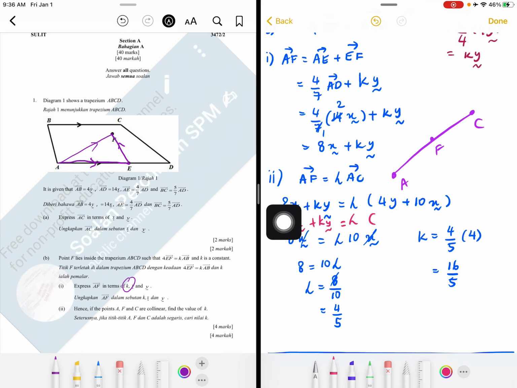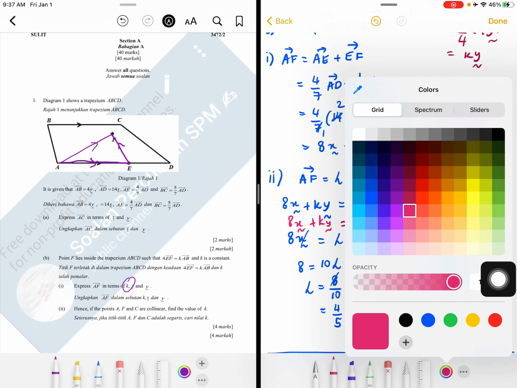If you look, this is x, this is y, this is x. So I redo it and arrange it properly, x with x, y with y, so that we can compare and find what our lambda is. Find the value of lambda first, and then you put lambda here, and then you compare.